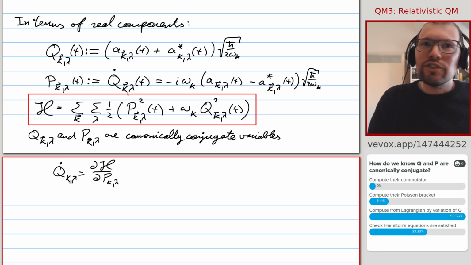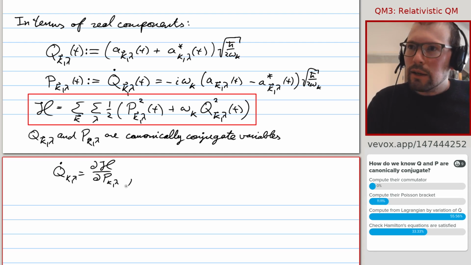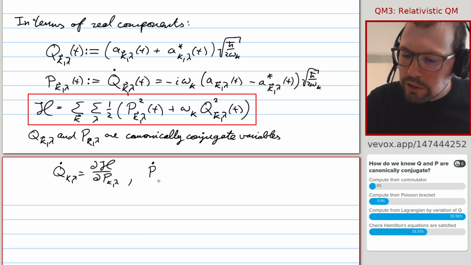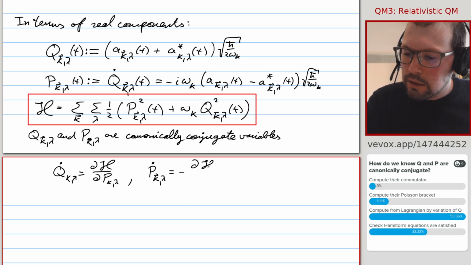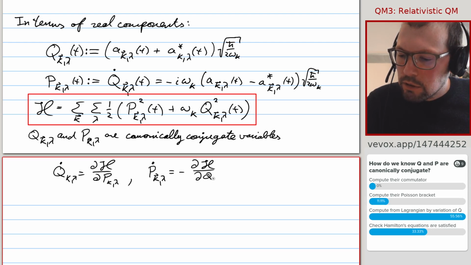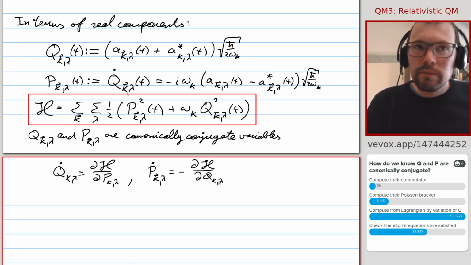So that is not the exact criterion that we have to check. The other Hamilton equation says that the time derivative of the momentum should be minus the derivative of the Hamiltonian with respect to the position.